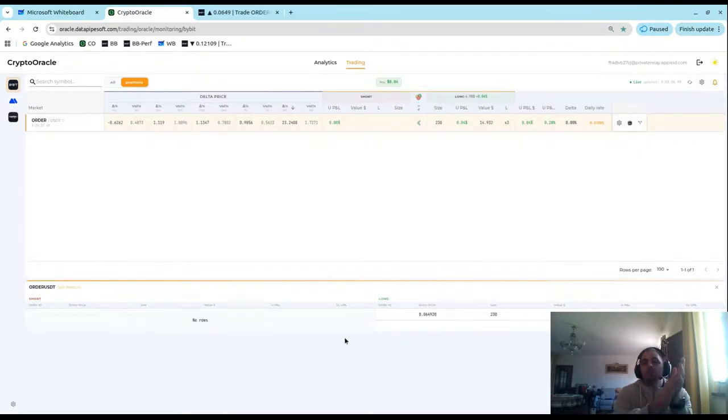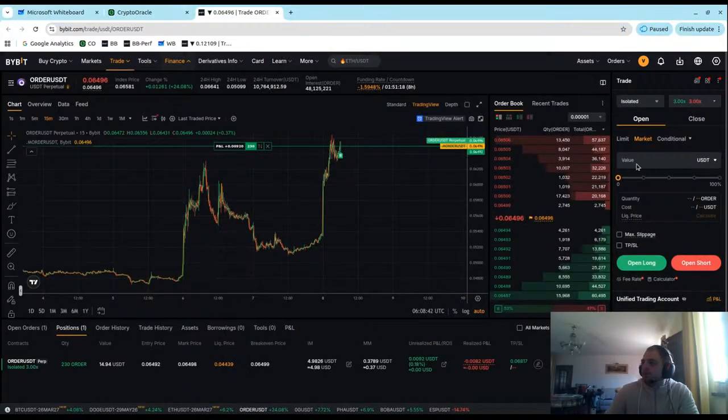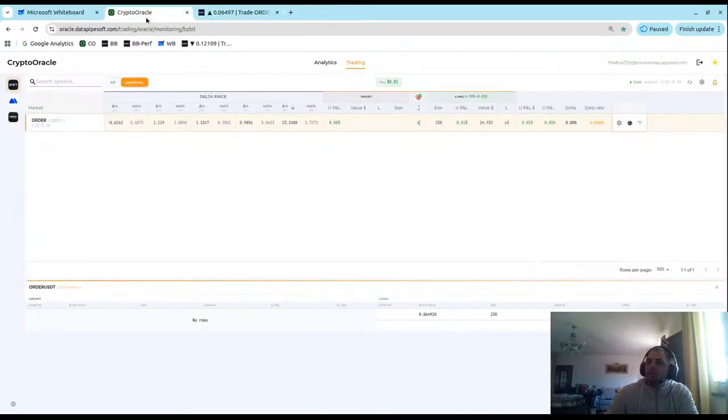So, for example, one of the positions is underwater. I'll probably draw it later, but let me show what I mean by splits. So you'll be able to see individual positions now. I'll put another long, right? Another long, and it will appear here. Look, now we've got two individual positions. So we may close one without closing another.